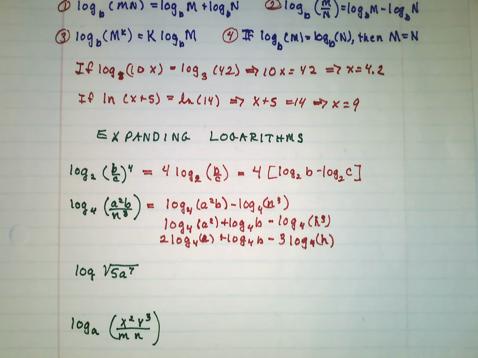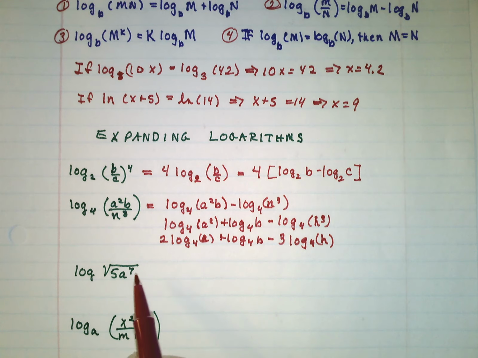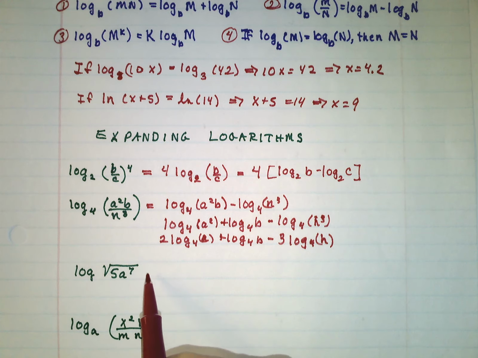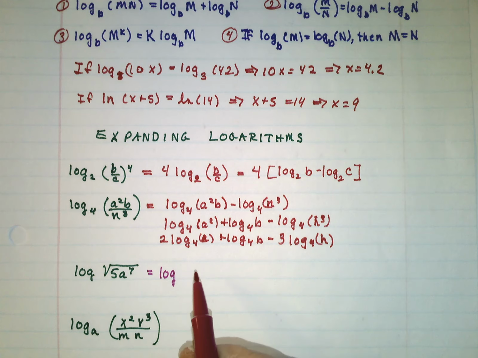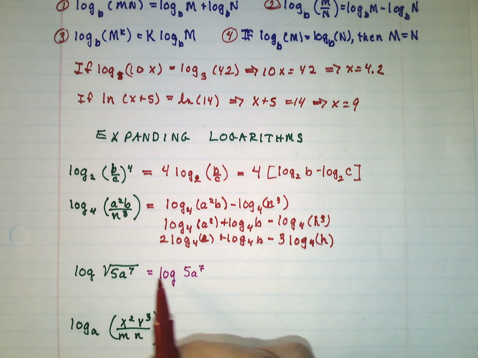Let's try 2 more. This one doesn't have a base, so we know that means it's understood to be base 10. And we have this square root thing here. Well, we can express the square root as a power, and we do that a lot in calculus.